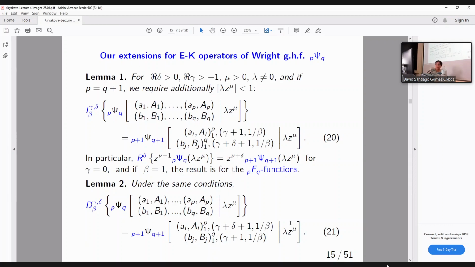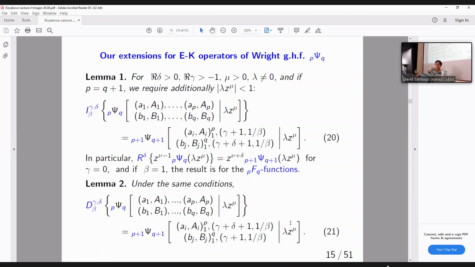And it is easy to follow, like the classical results, that the result is always the same kind of function where p and q are increased by 1. And of course, additional parameters in the function should appear. Corollaries of this are about the non-classical results. A similar result holds for the Erdős-Kober fractional derivative.